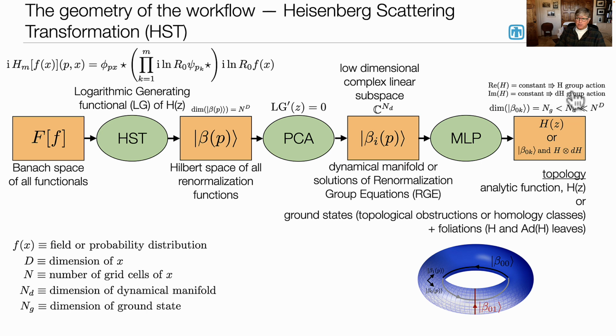And now the group action, or the geodesic motion, will be given by the contours of the real part of the complex Hamiltonian being a constant, and the interaction with external heat baths, or the directions perpendicular to the Hamiltonian motion or geodesics, will be given by the orthogonal set of curves in the ad direction, or dh direction, given by the imaginary part of h equaling a constant.